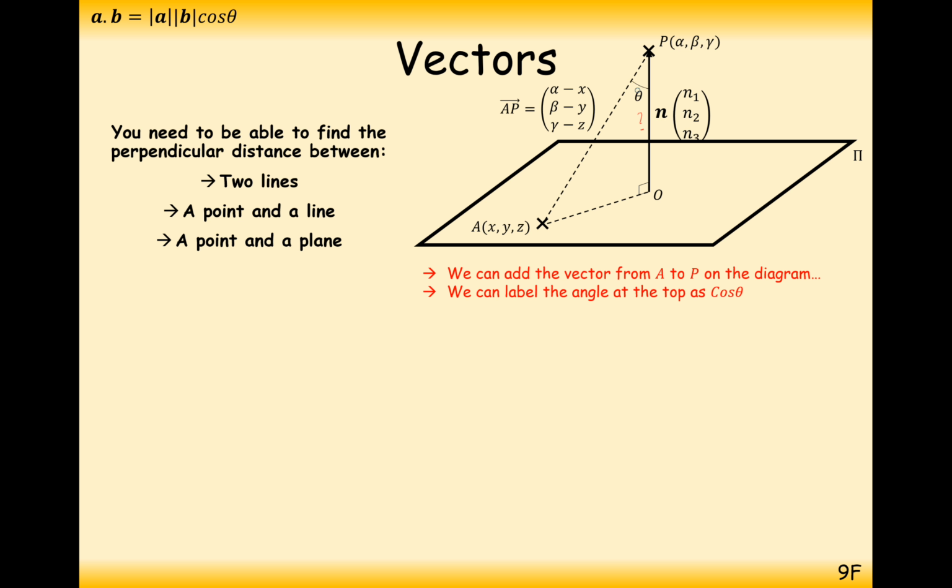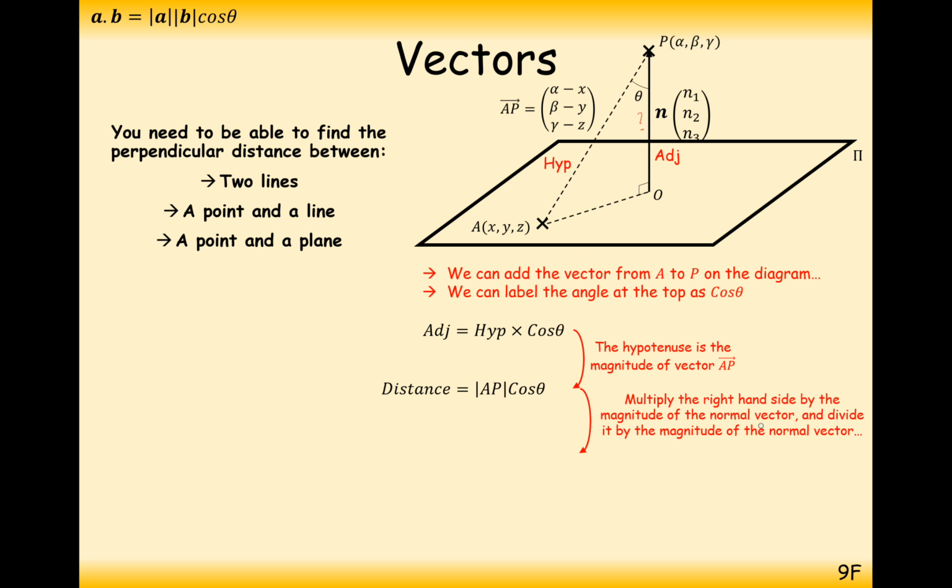And what we can do is if we label theta up at the top, then the shortest distance that we're looking for is cos times the modulus of that vector that we just created, A to P. So this is your hypotenuse, this is your adjacent line, so we want the cos of this line here. So the distance is going to be modulus of P to A times cos theta.